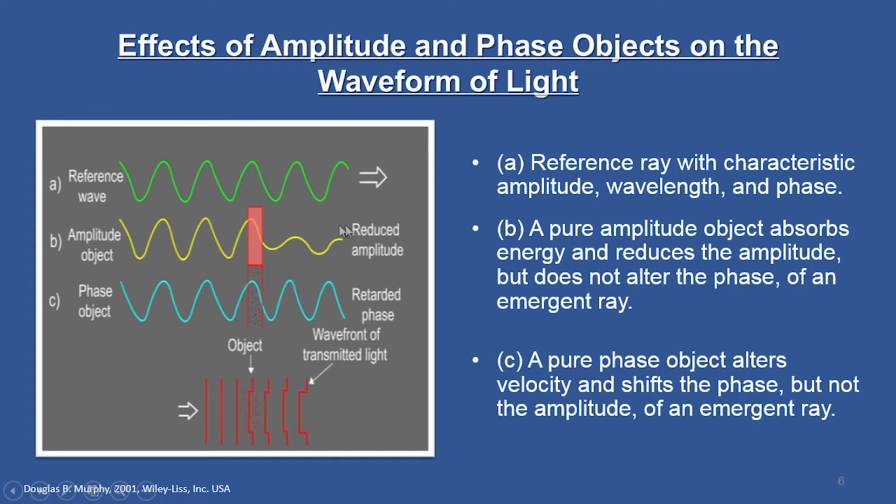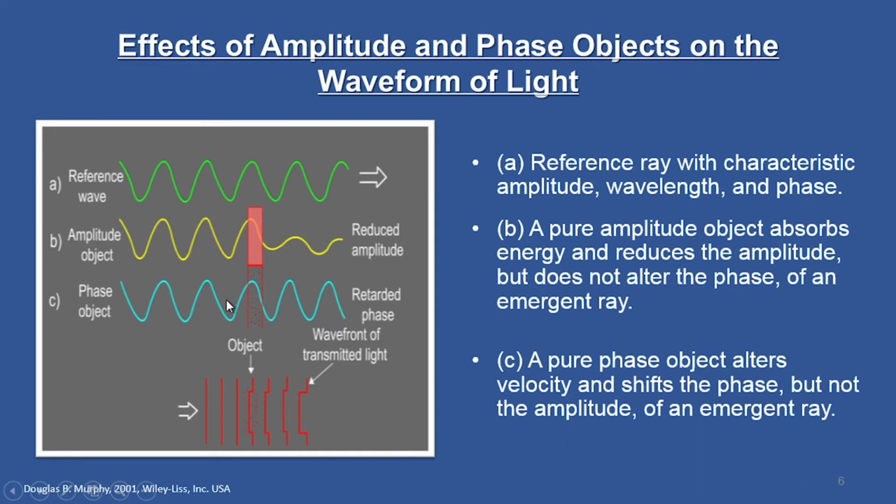So, any material that exhibits this kind of behavior is classified as an amplitude object. And look at this C, the wave interacts with the object and comes out, the amplitude does not change, but the phase is changed. What is the change? It is being retarded to some value. We will see what is the phase retardation and what is its value.